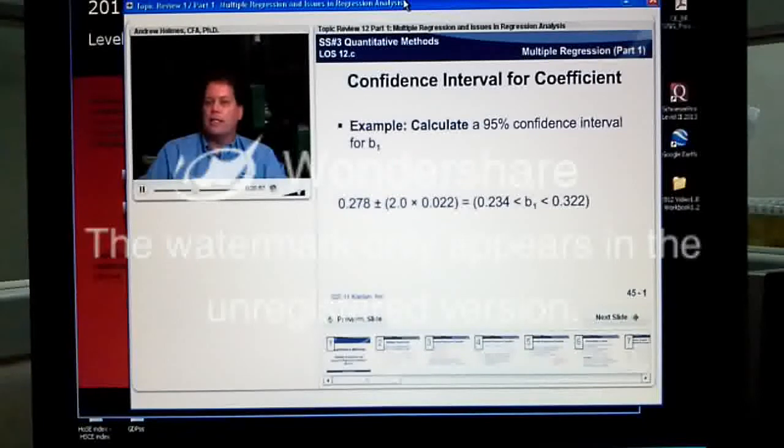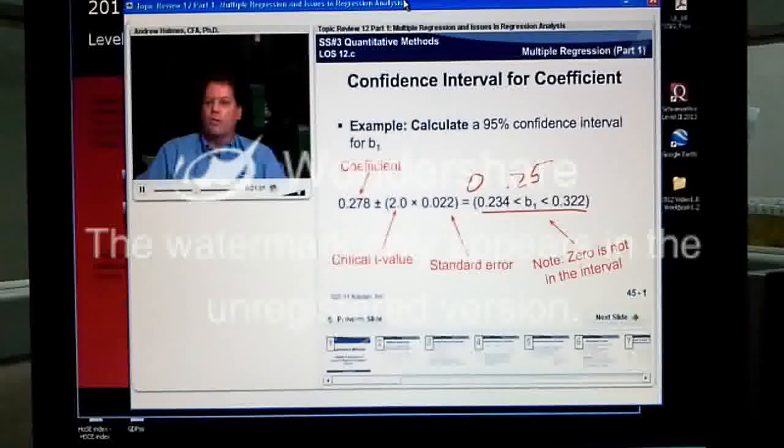So we tested originally whether this coefficient was equal to 0. Of course, we're able to reject the idea that this coefficient is equal to 0 because 0 is not in the interval. But if I wanted to test whether this was equal to, say, 0.25, so whether this coefficient is statistically different from 0.25 at the 95% level, you will not be able to reject the null hypothesis. Why? Because 0.25 is in the confidence interval.